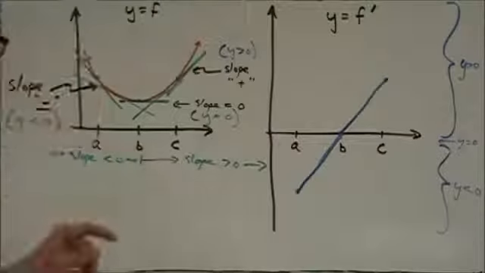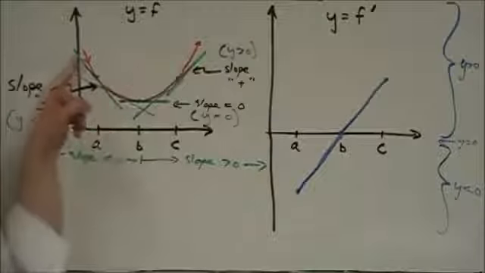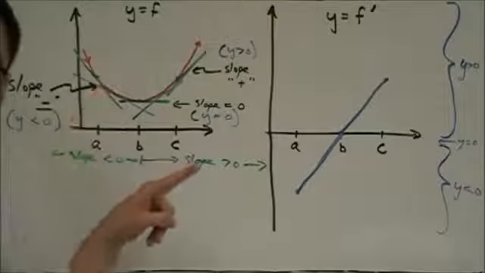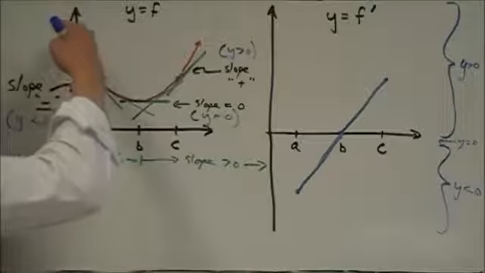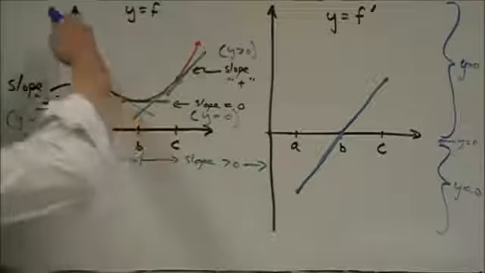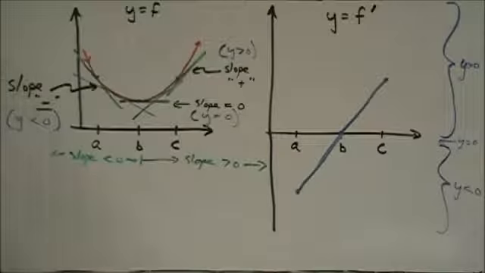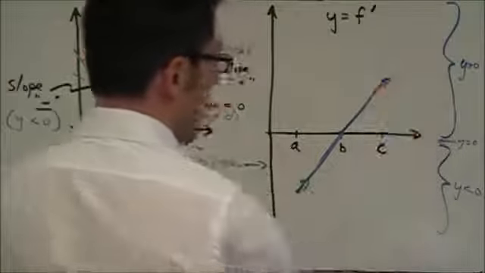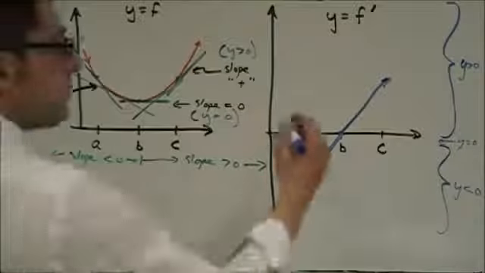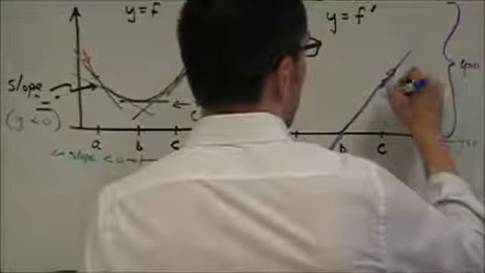And we can connect the dots because we know that the red function is continuous. It's going to slowly change from one point to the next. And there's no jumps in the function at all. So because of that reason, here is the graph of the derivative. And it would continue on in a linear fashion.